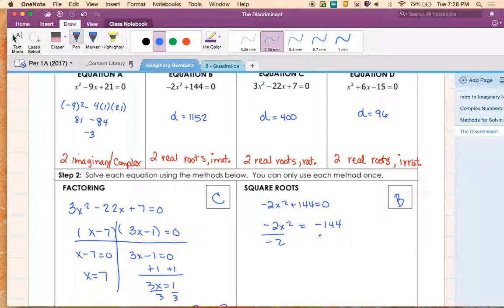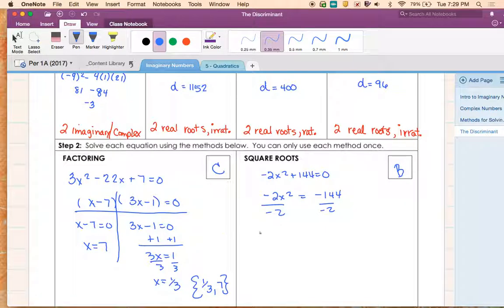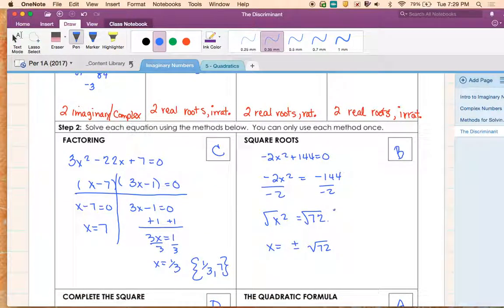Divide by negative 2. I get x squared is equal to 72. Square root both sides. x is equal to plus or minus the square root of 72. You need to break 72 down.